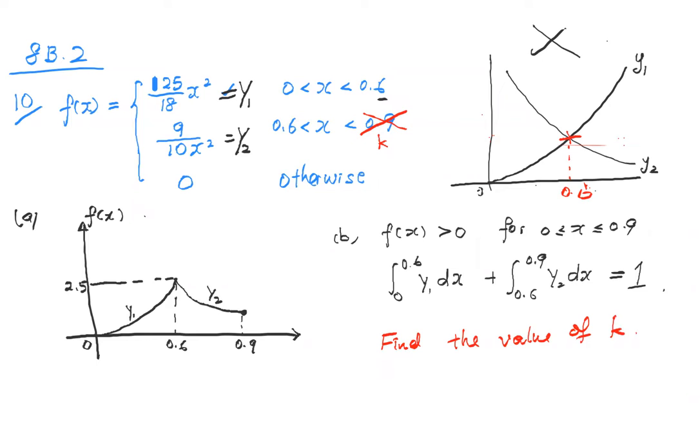So what you need to do is you just need to use your solver. Now everyone try to use your solver. You integrate from 0 to 0.6 y1 dx plus integrate from 0.6 to K, but in your solver you put x, y2 dx. So this one you put into your E1 and the one you put into your E2.